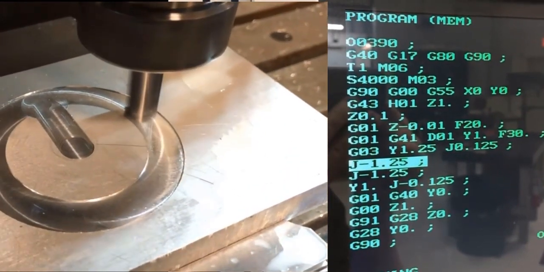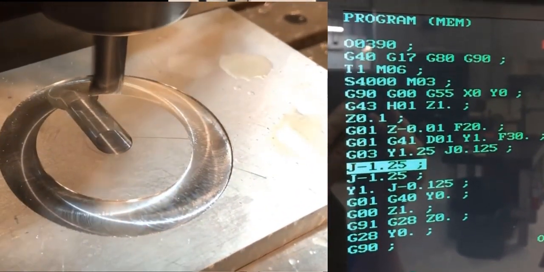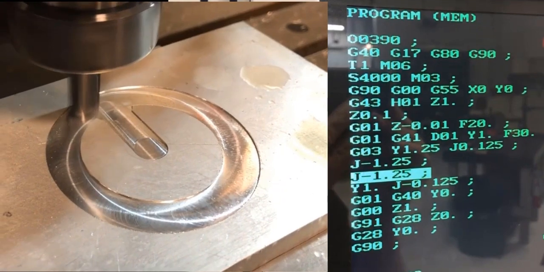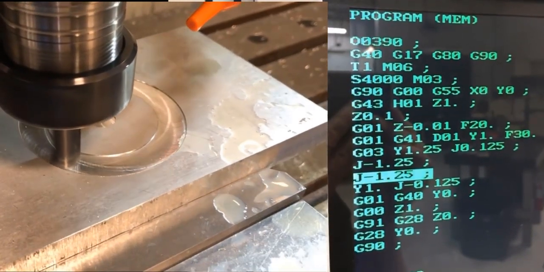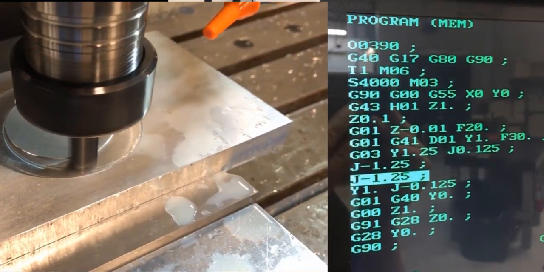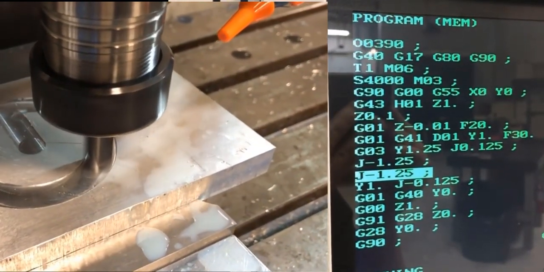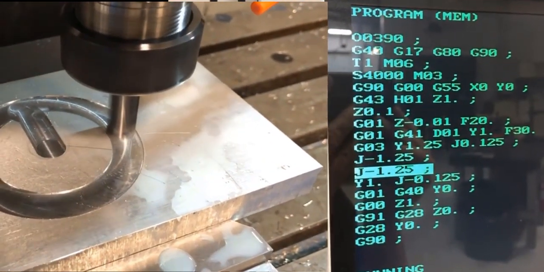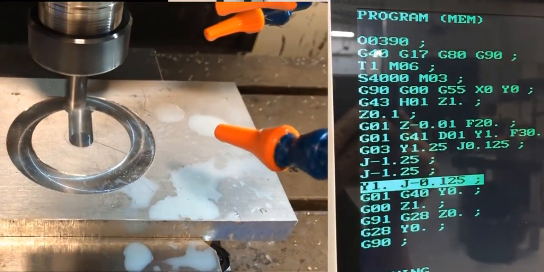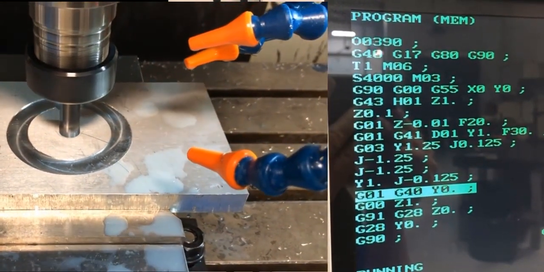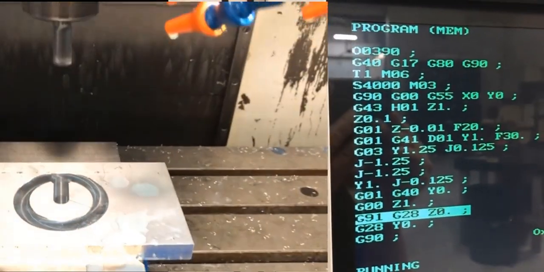And then once it gets back to the top, it's going to read another J minus 1.250. So it's just going to do another complete circle. Alright? And so that is actually doing a spring pass. So if you were deeper in a hole or in a pocket, you would have a better chance of getting a good finish. Then our lead out and back to center.